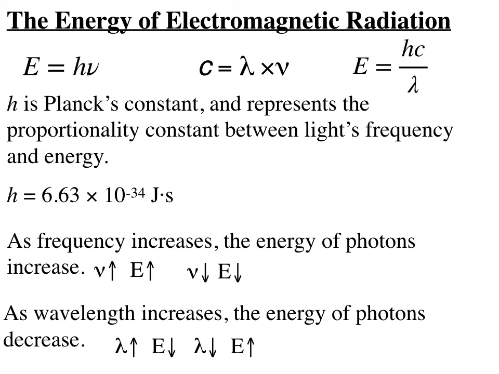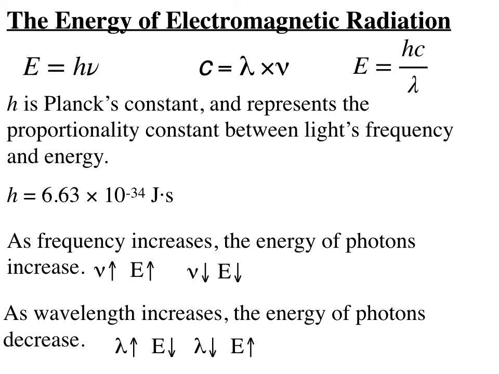Now the proportionality constant between the energy and frequency is set to a value known as h, which is known as Planck's constant. So the relationship between energy and frequency is E equals h times nu, where h is a proportionality constant that connects the energy to the frequency.